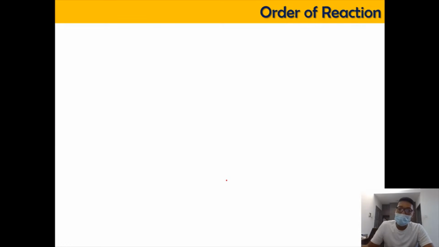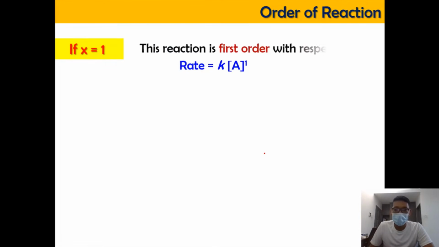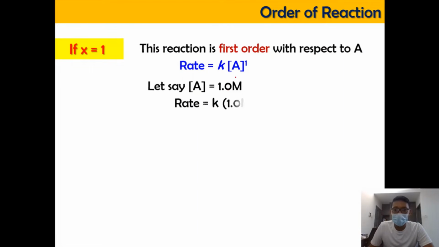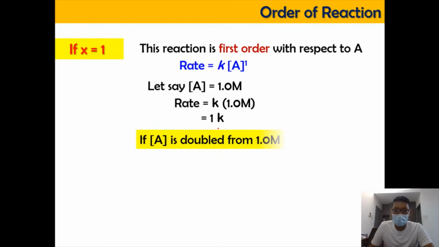Alright? Now we're moving on to the second one, which is X is equal to 1, which is the first order reaction. So let's say if we have A is equal to 1, we know that our rate is going to be 1K. However, if A is doubled from 1 to 2, we know that our rate is going to change into 2K.